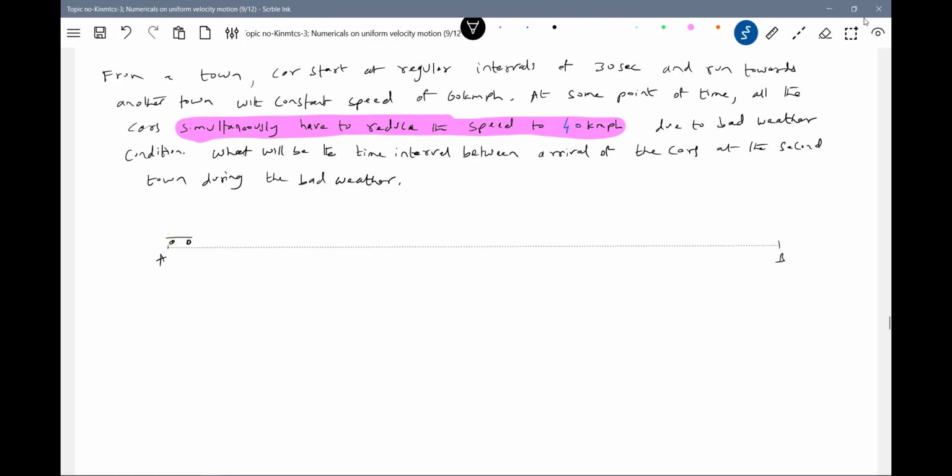For every 30 seconds, a car has to start the journey.